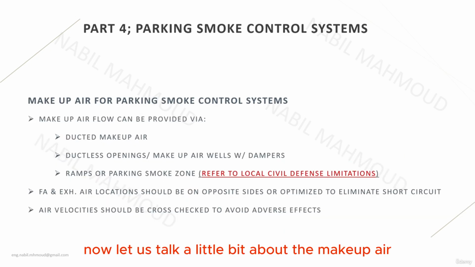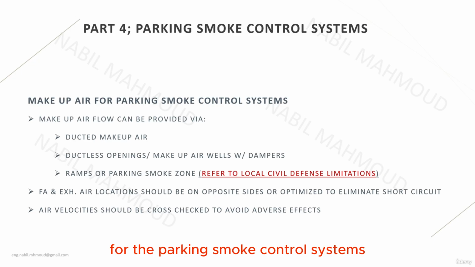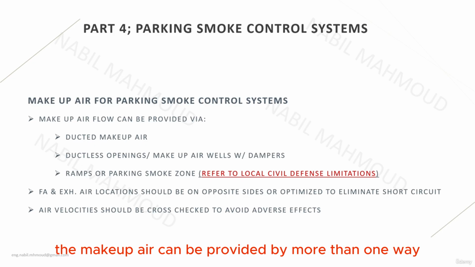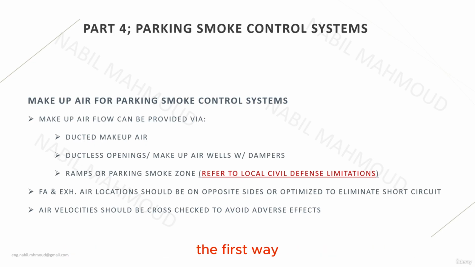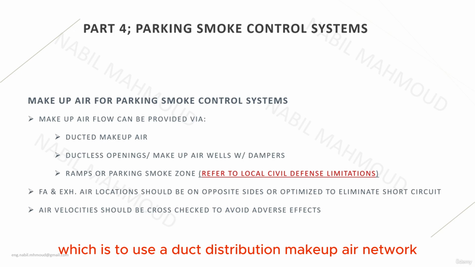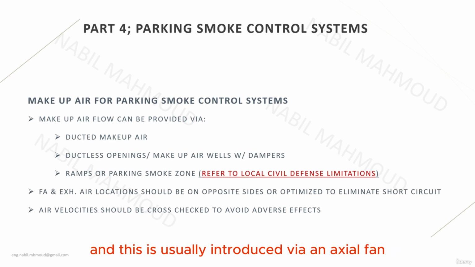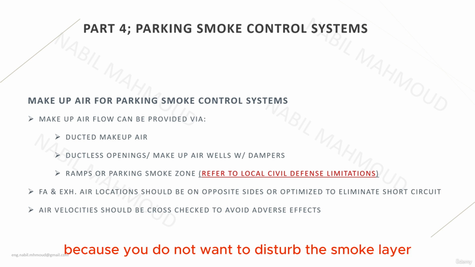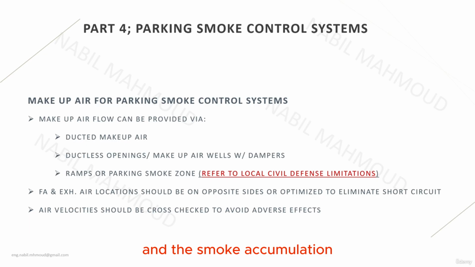Now let us talk a little bit about the makeup air for the parking smoke control systems. You need to understand that the makeup air can be provided in more than one way. The first way is to use a ducted distribution makeup air network, and this is usually introduced via an axial fan that is connected to a ducting network that supplies fresh air with a specific velocity at a relatively low level, because you do not want to disturb the smoke layer and the smoke accumulation, because you need to maintain a smoke-free area at the low level, and this is the second reason to supply the fresh air from low level.